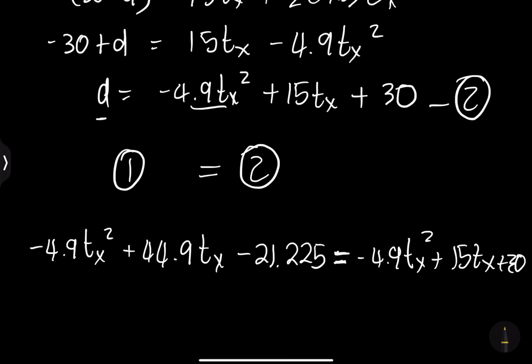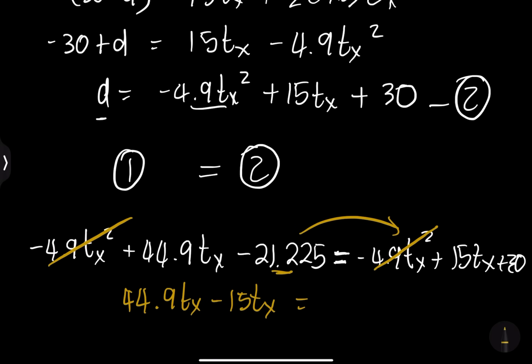All right, so now remember they are both next to an equal sign. So I can just cancel those because they are exactly the same. So that's 15 tx and 44.9 tx. So that would be 44.9 tx minus 15 tx is equal to, now I'm going to take this to the other side, that would be 30 plus 21.225.